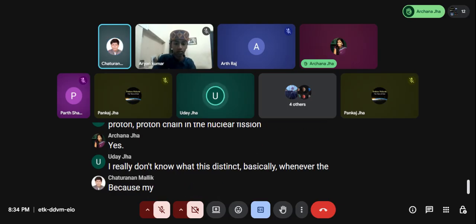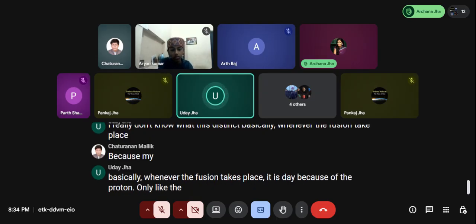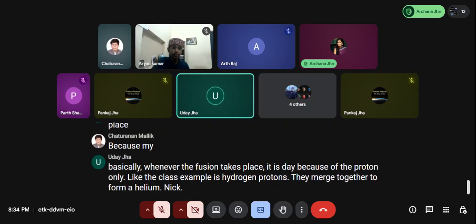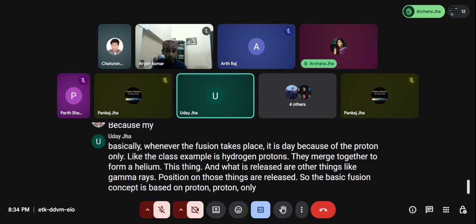Basically, Saksham, whenever fusion takes place, it is because of the proton only. The classic example is hydrogen protons. They merge together to form helium, and what is released are other things like gamma rays and positrons. So the basic fusion concept is based on protons only.